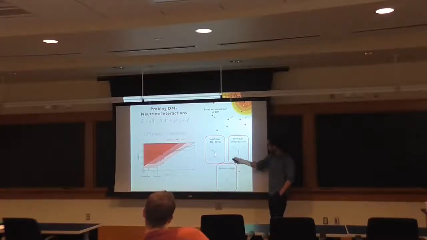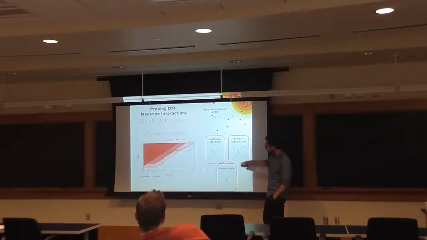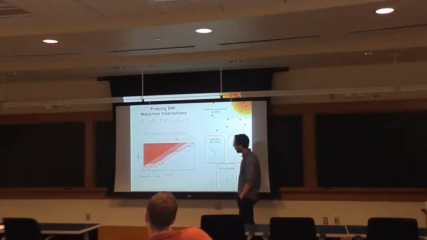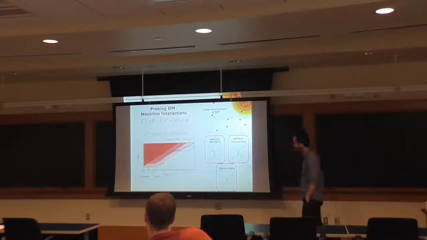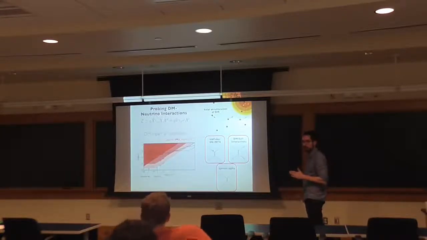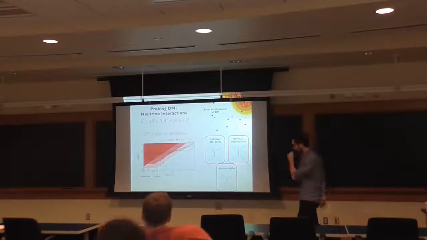So anyway, I take together these different constraints on this type of model, and those are all represented by these black curves in the plane of coupling constant and mediator mass, the mass of this A vector mediator. And what we see in the pink to red regions are different regimes where the matter potential, when it's a border, the standard model matter potential, could be the most sensitive probe.